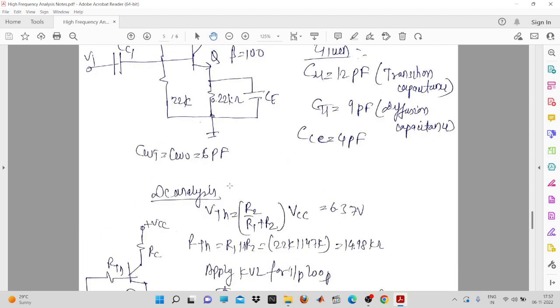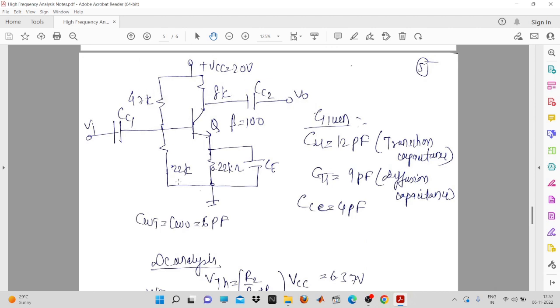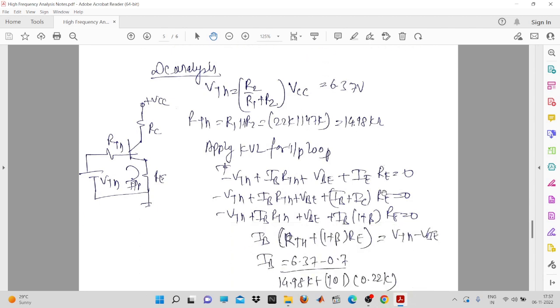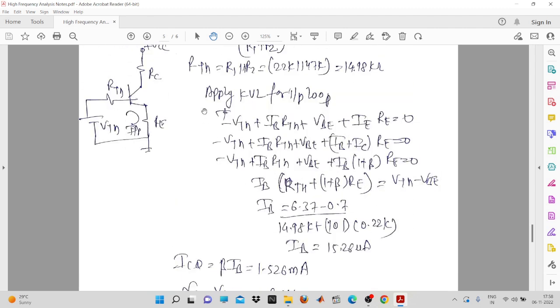Similarly, RTH is R1 parallel to R2. So 22 kilo ohm parallel to 47 kilo ohm will be 14.98 kilo ohms. After that, you will have to apply the KVL in the input loop. If you solve this, the equations are very simple to solve. Then you will get the value of IB.